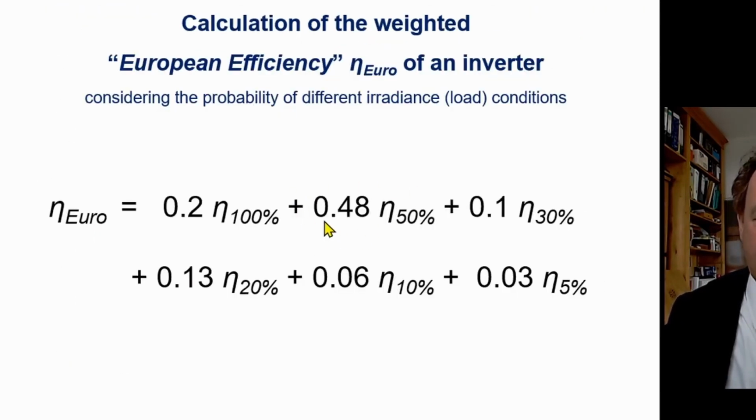This has a weight of 0.48 or 48%. 100%, the nominal power output or the nominal efficiency of the inverter at 100%, is only considered by 0.2. At 30% with a weight of 0.1 and so on, at 20% 0.13, at 10%, so very partial load here, 0.06, and 0.03 for 5% of the nominal power output.